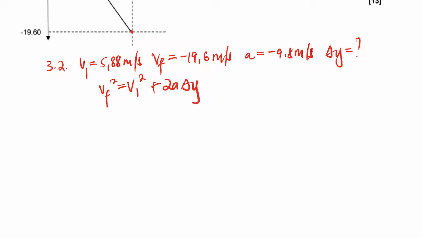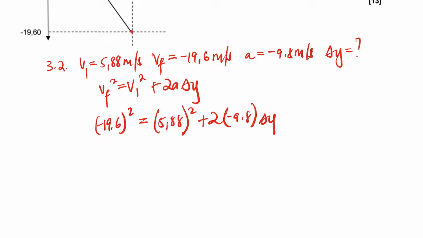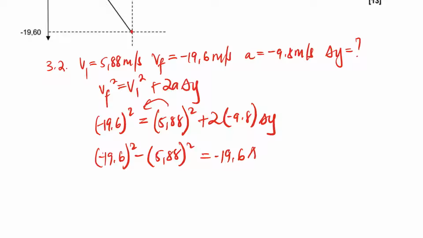So what is our final velocity? It's negative 19.6 squared, equal to the initial velocity, 5.88, which is positive, squared, plus 2a. The acceleration is negative. Don't forget that we want the displacement. We wanted the height, where the hot air balloon was thrown. So this will go to this side: negative 19.6 squared minus 5.88 squared equals 2 times negative 9.8 times delta y.